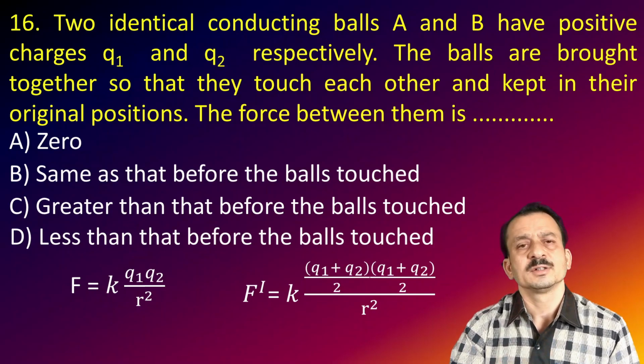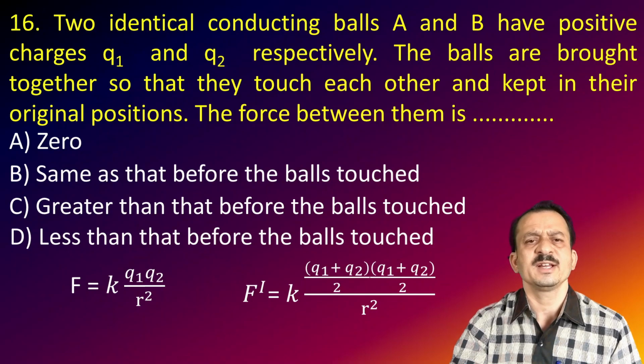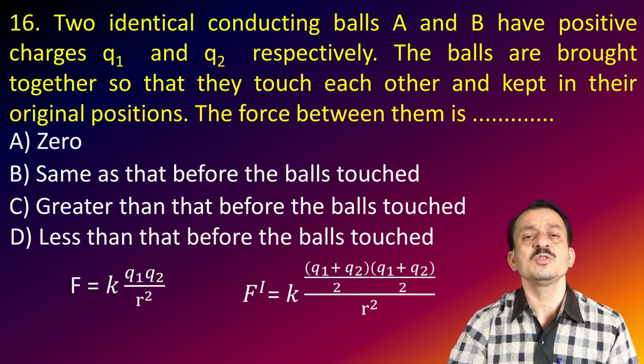We know that the product of two numbers is always less than the square of the average of those two numbers. For example, if I have the numbers 2 and 3, 2 into 3 is 6. If I take the average, 2 plus 3 is equal to 5, divided by 2, it is 2.5. If I square it, it is 6.25.